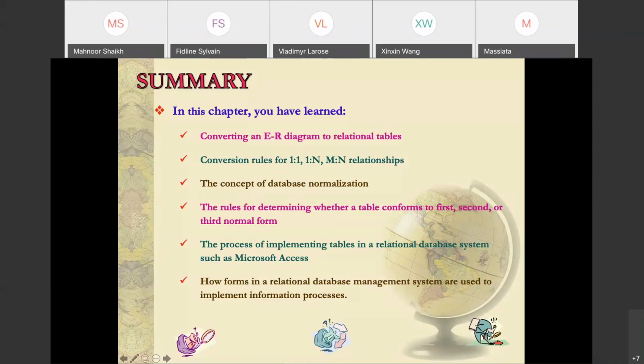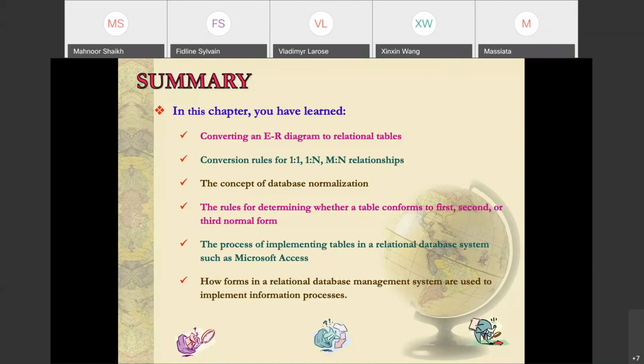Okay. Yeah. Thank you. So let me go back to the summary of this chapter, right? The main purpose of this chapter is that we understand the physical design of the database system, right? We learn how to convert the ER diagram into the relational database. We talk about the conversion rules for one-to-one, one-to-many, many-to-many relationships. And those rules are also based on mandatory and optional relationships, right?